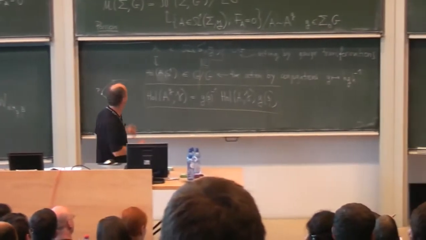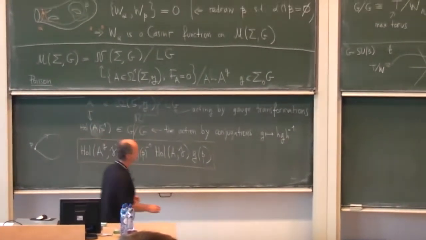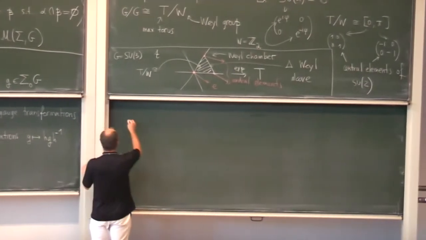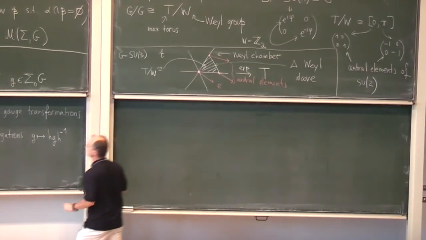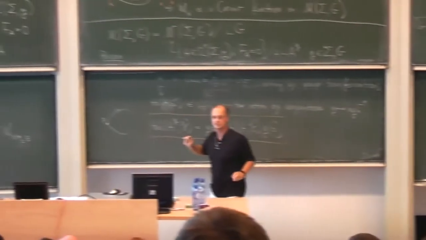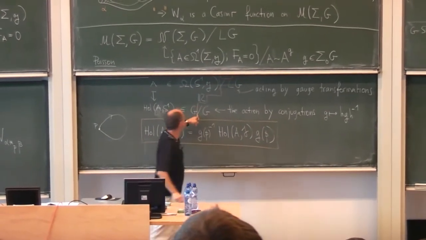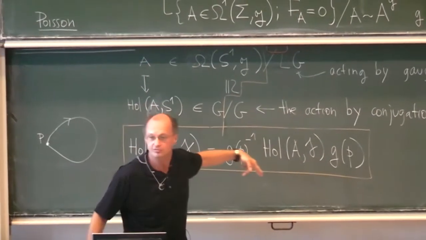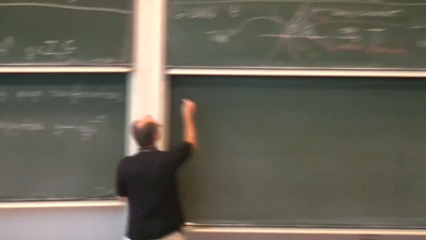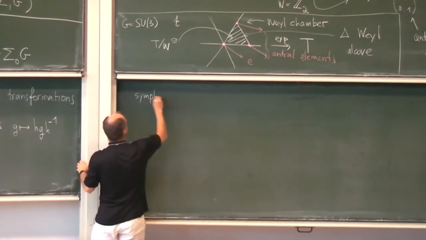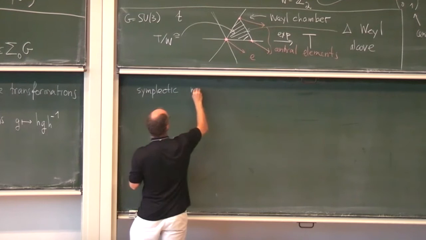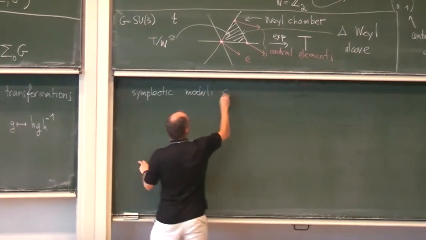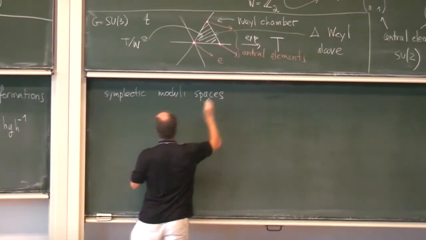Okay, so we have this map, and it turns out that in order to choose symplectic leaves, the symplectic leaves are just fibers under this map. So we have a map into the Weyl alcove, and so symplectic moduli spaces.